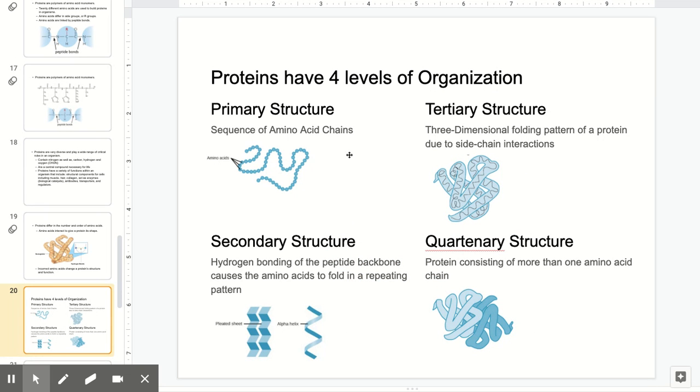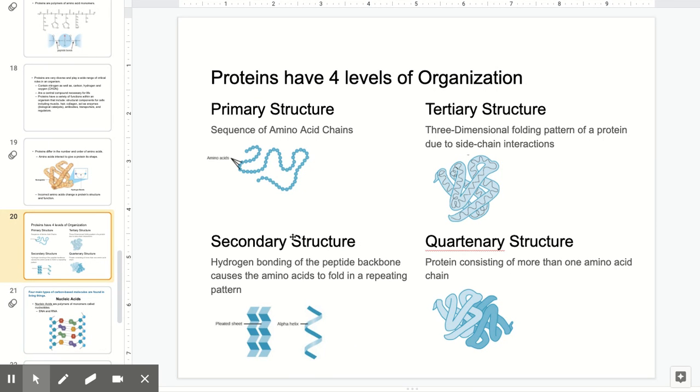When I talk about the structures of proteins, there's 4 levels of organization. So that initial level of organization is just that string of amino acids. So all these little circles represent individual amino acids. The secondary structure is essentially folding the amino acids, kind of folding back on themselves.